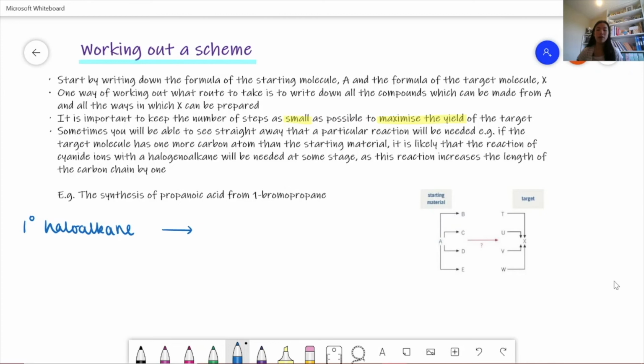So I can form a primary alcohol from this primary haloalkane, and this is by adding aqueous OH minus ions. The second thing I can do is also a nucleophilic substitution reaction. So this time I can add cyanide ions. So if I add some cyanide ions, then I get a nitrile, and I have a primary nitrile, because this CN minus would replace the bromine.